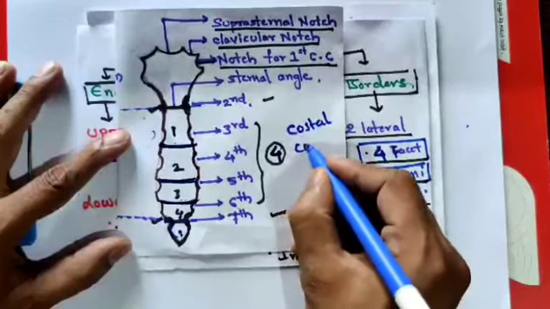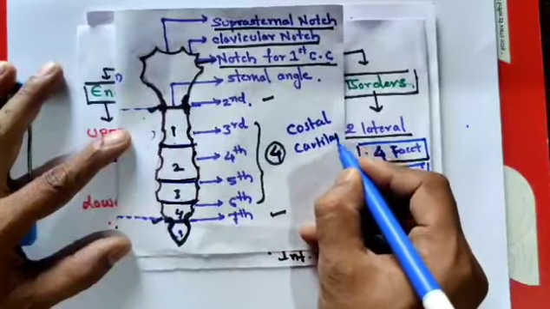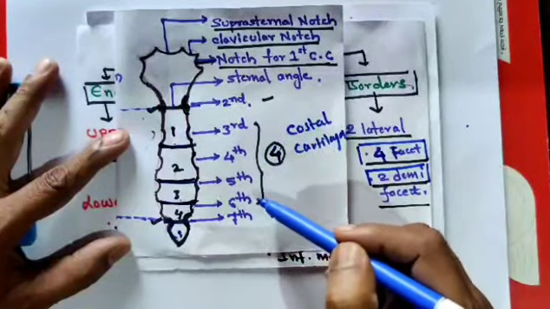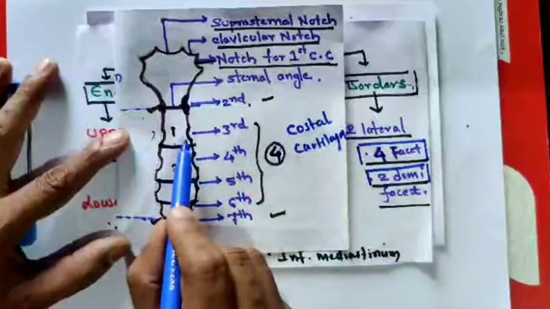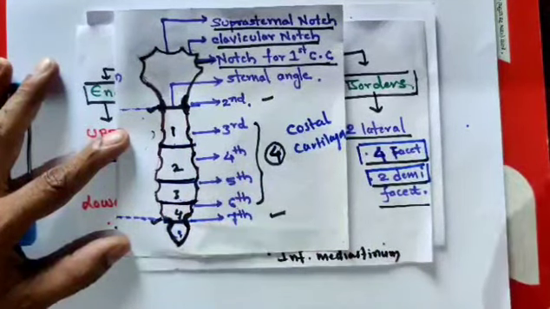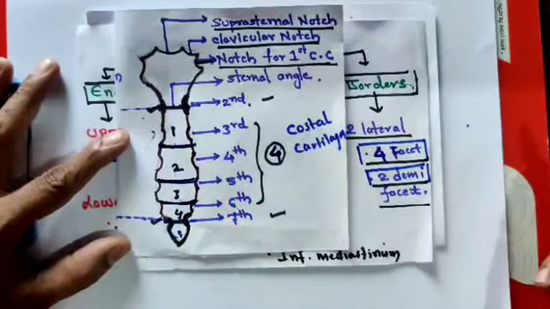The four costal cartilages, that is the third, fourth, fifth and sixth costal cartilages, are articulating with the lateral border of the sternum. Hence, they form the joint called the sternochondral joint.